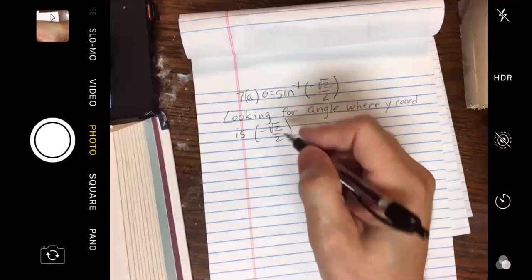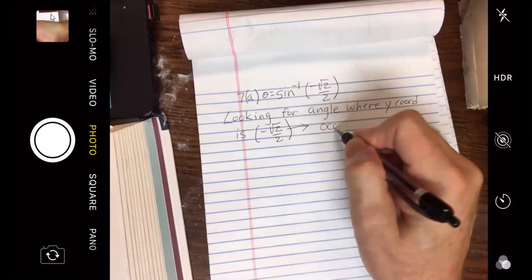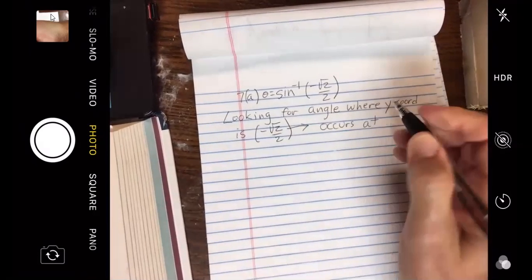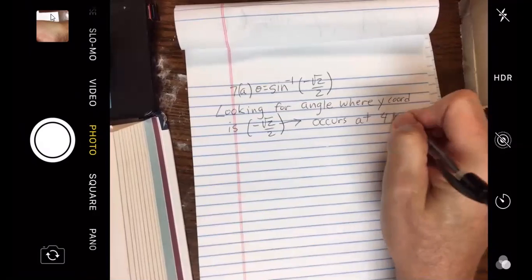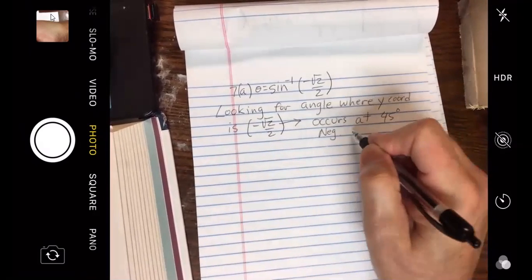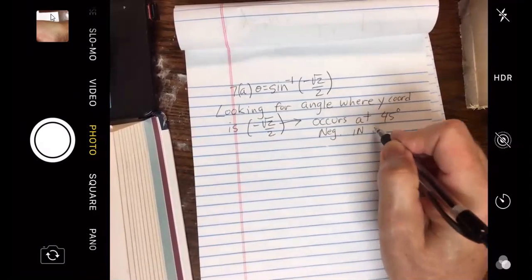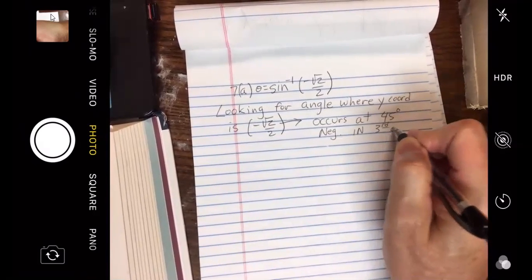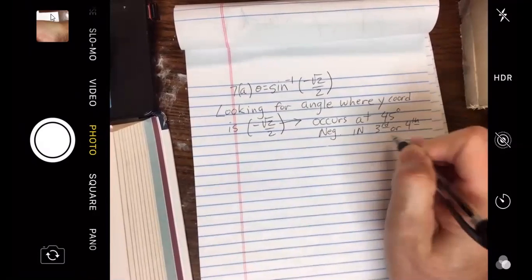Well, if you remember, this occurs at 45 degrees, but it's negative. It's in the third or fourth quadrants.